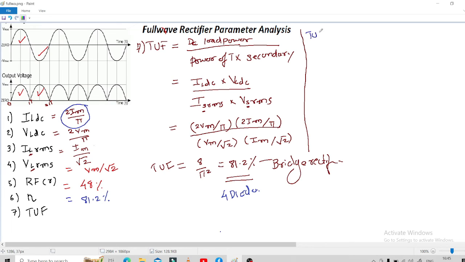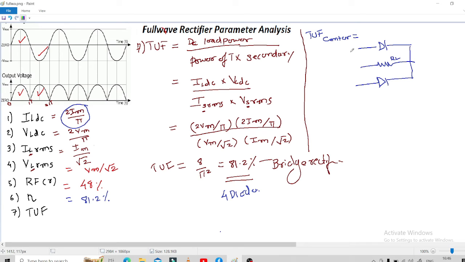So TUF for a center tap rectifier, I'll just write here center tap, is equal to, so it is calculated as, the transformer utilization factor for a center tap full wave rectifier. I'll draw the diagram over here. And here it is a load RL over here.